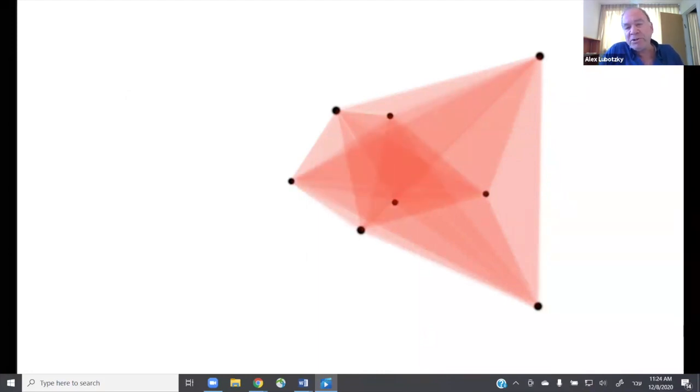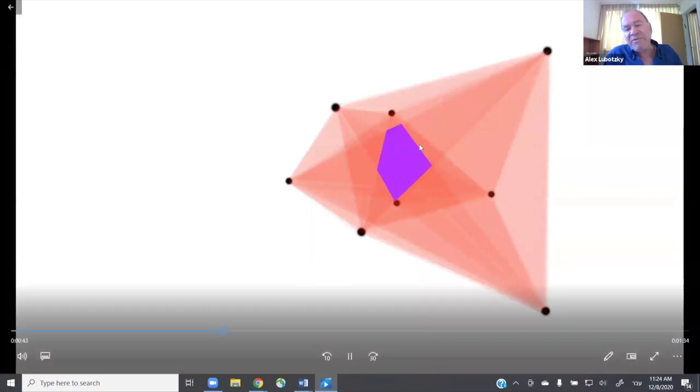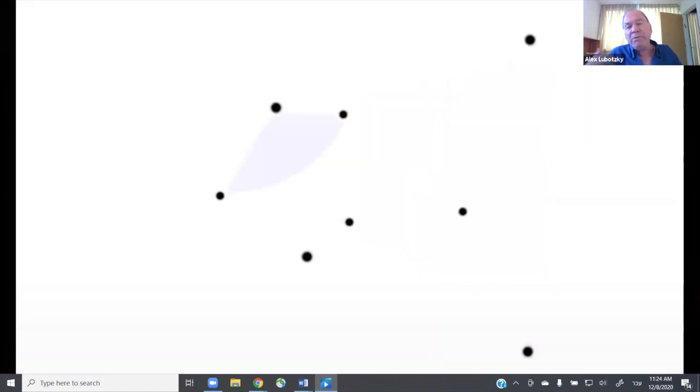You start to put all the possible triangles, and then you see you get an area which is heavily covered by triangles. The theorem tells you that even if you continue to do it with many more points, there will be some area, some point which is covered.